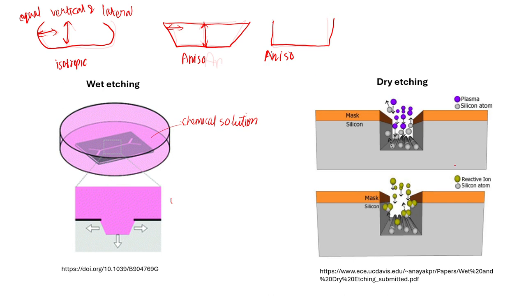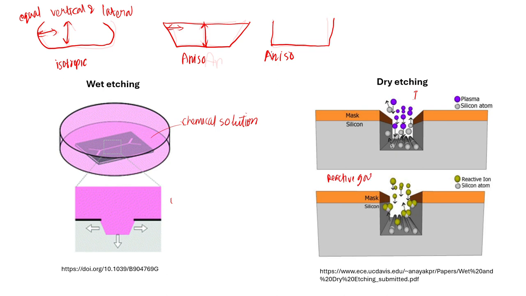In dry etching, there are two types we can use. One is an inert gas plasma like argon ions bombarding the surface and removing the material physically, without any chemical reaction. The other is a reactive gas, also in a plasma.